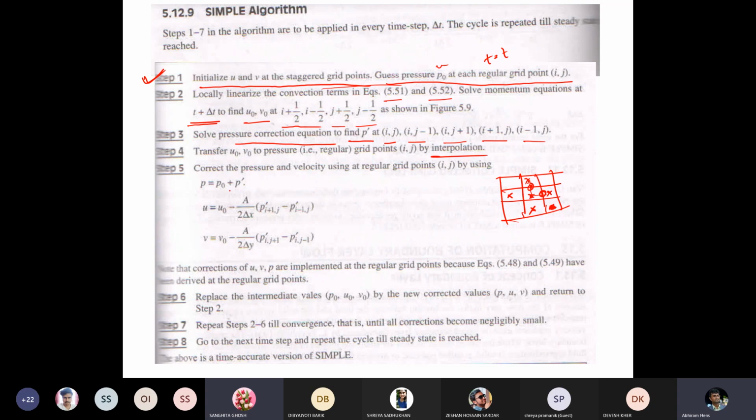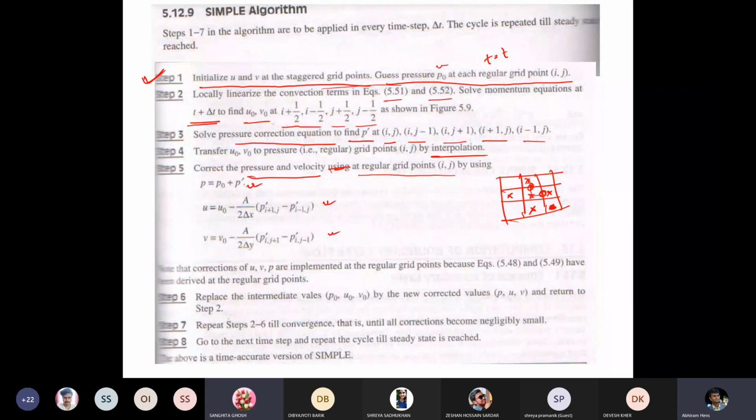Then you correct the pressure and velocity at the regular grid points, by using p equal to p0 plus p dot, and u equal to these corrections and v equal to these corrections. This is the step where the pressure and velocity are being coupled. So initially, based on the initial assumptions, you get this calculated value here.